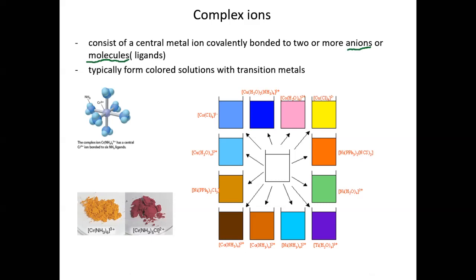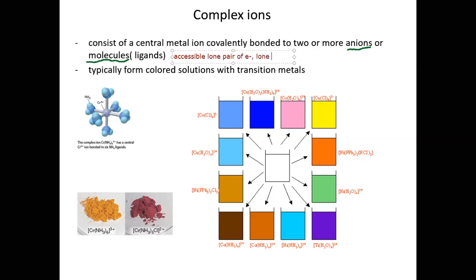What's important about molecules and anions as ligands is that they have an accessible lone pair of electrons. What do we mean by accessible? Accessible means like a lone pair of electrons on a nitrogen atom or a single bond oxygen atom.